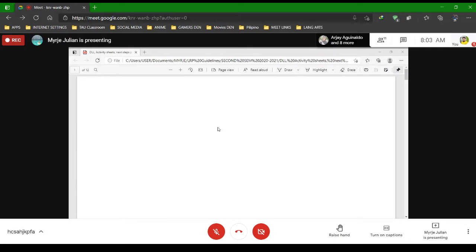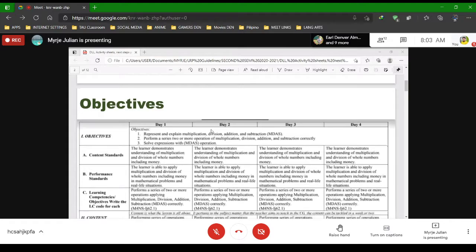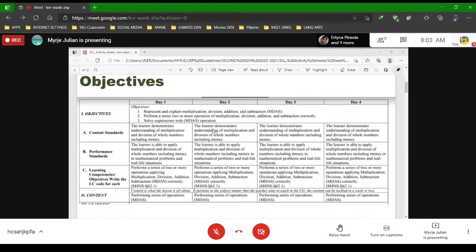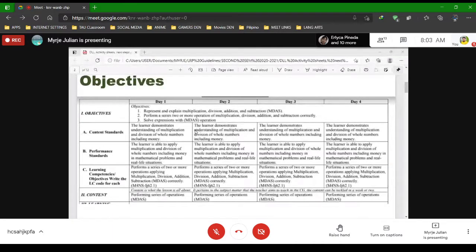So let's start with the objectives or creating the objectives. Okay? So yung mga isi-share ko is actually galing sa mga kaklase nyo, or baka mamaya sa inyo yung mga to. Okay? So let's begin with the creation of objectives. As you can see here, yung part dito is hindi na pre-provide.